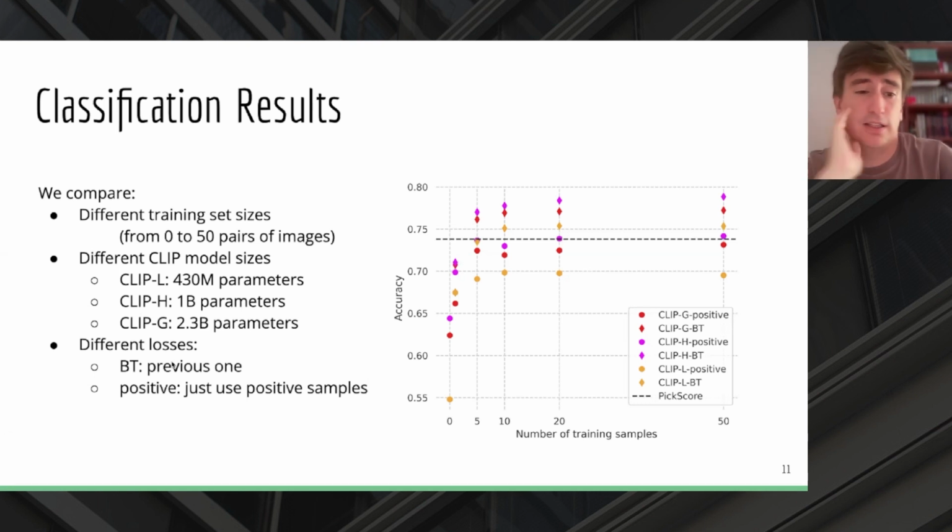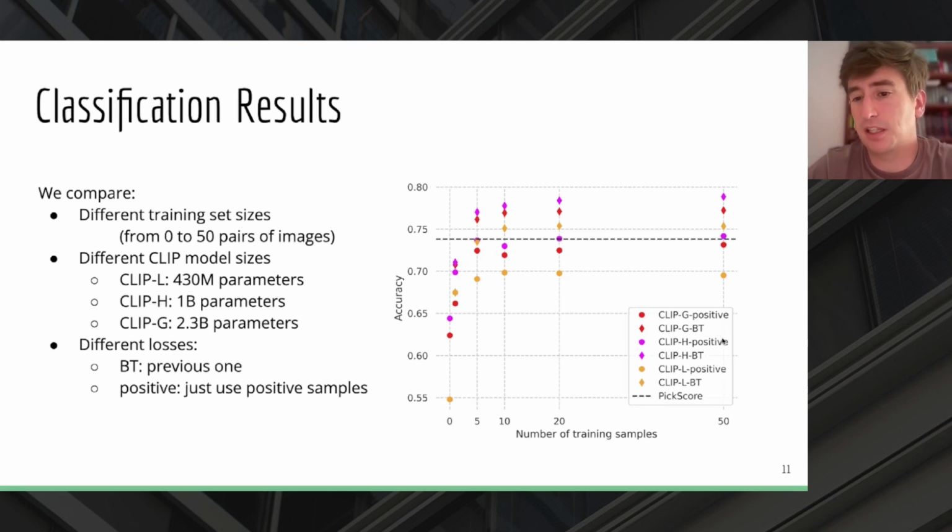We also compare BT, which is our gradient from a few slides ago, with this positive variant, which just uses positive samples, so no negative samples. It can learn only from the positive things. As you can see, at 20 or 10 training samples, the accuracy already saturates. This is a good thing because it means that with little data, we can learn almost 80% accuracy, which is quite good for this task.